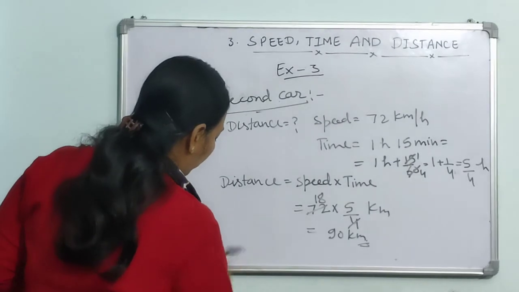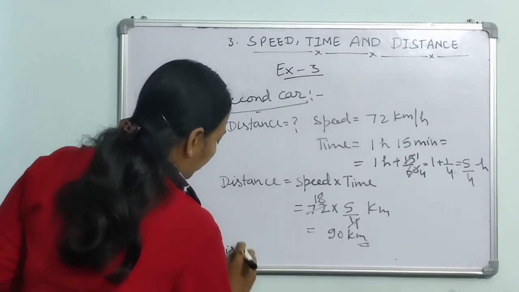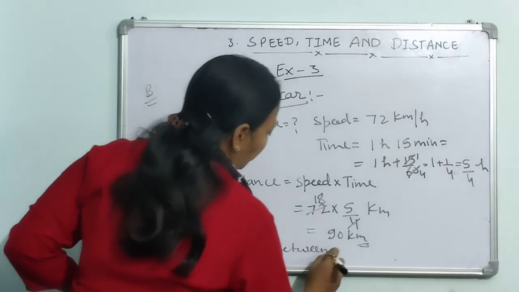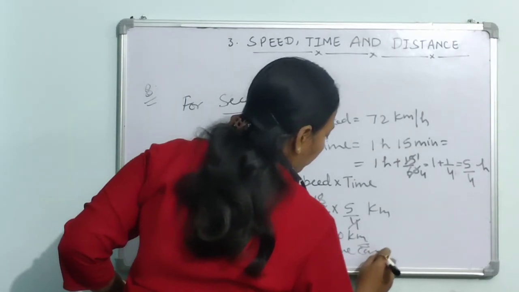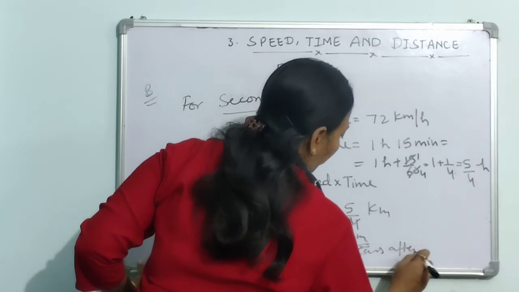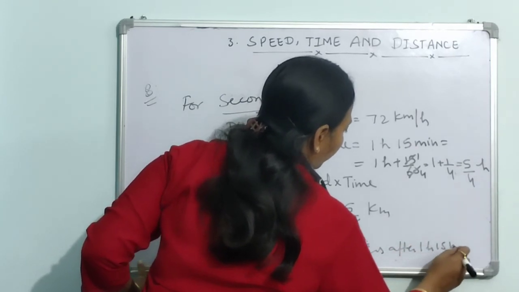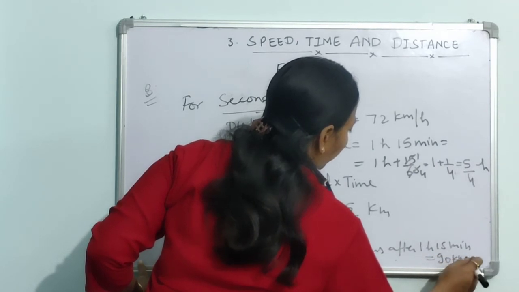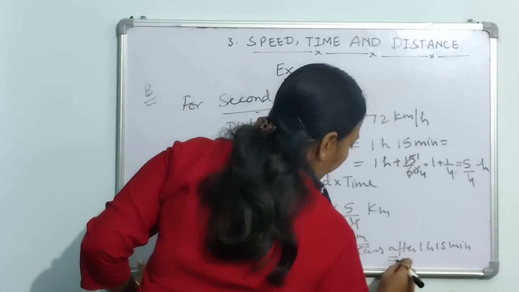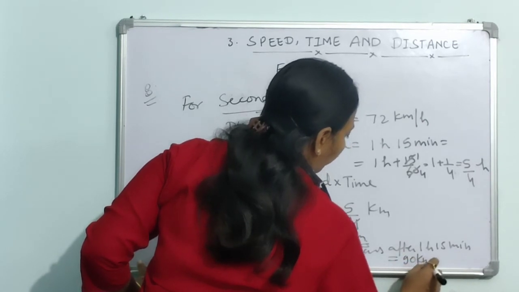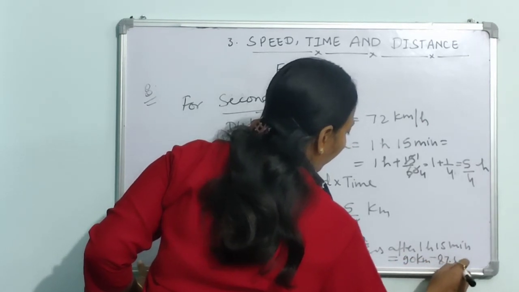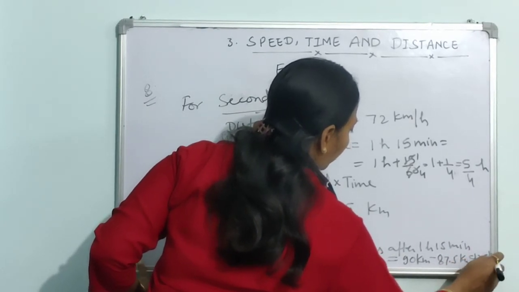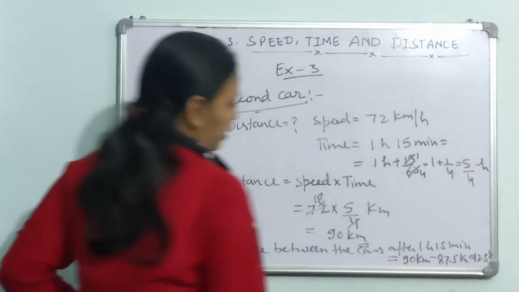So you can write here the distance between the cars after 1 hour 15 minutes, and you will subtract: 90 kilometers minus 87.5 kilometers, and that is 12.5 kilometers. This is your answer.